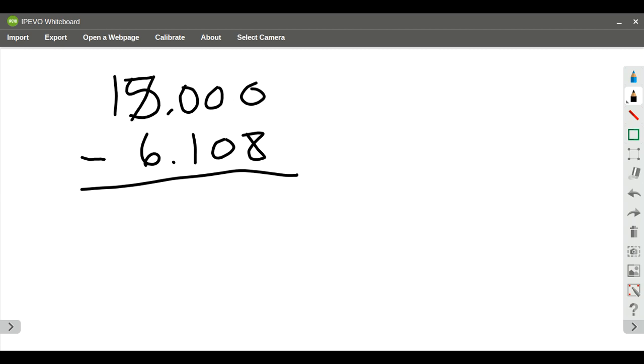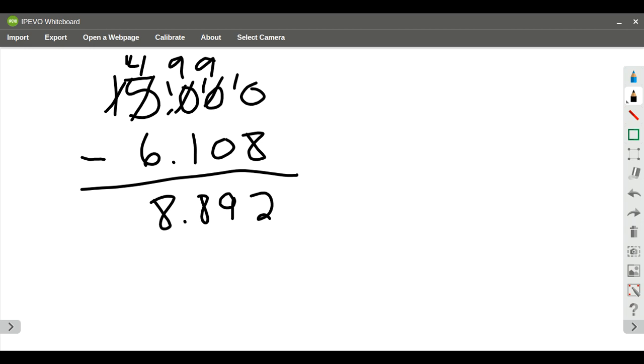So 15 becomes 14. This becomes 9. This becomes 9. That value is 10. 10 subtract 8 is going to be 2. 9 subtract 0 is going to be 9. 9 subtract 1 is going to be 8. Put down my decimal. And then 14 subtract 6 is going to be 8. So my answer is going to be 8 and 892 thousandths.